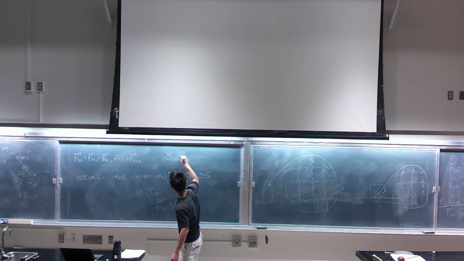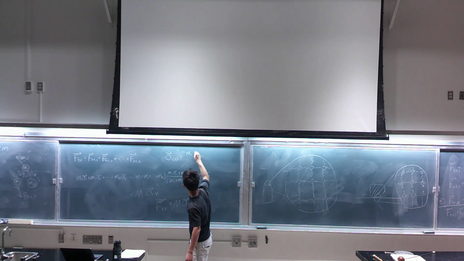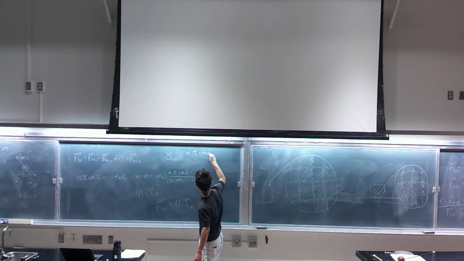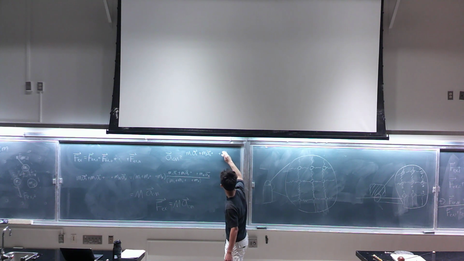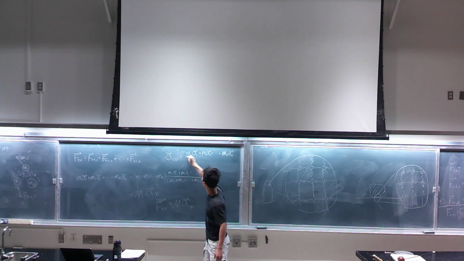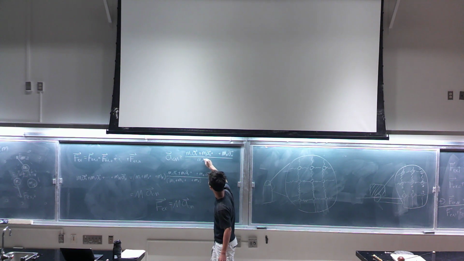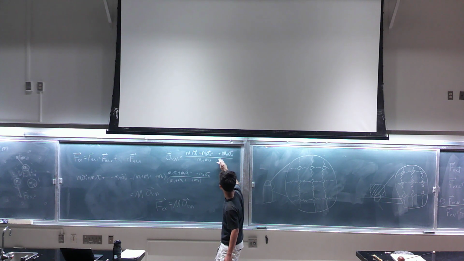ACM defined by the sum of the acceleration of each particle weighted by their mass. So if their mass is bigger, their acceleration becomes more important. And you need to divide it by the total mass, so the dimension is still the dimension of the acceleration.